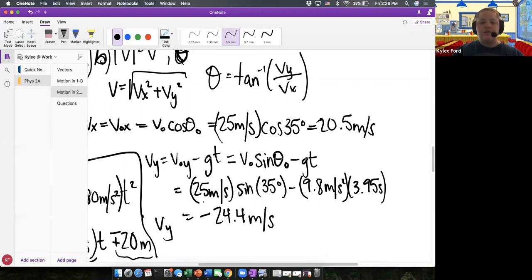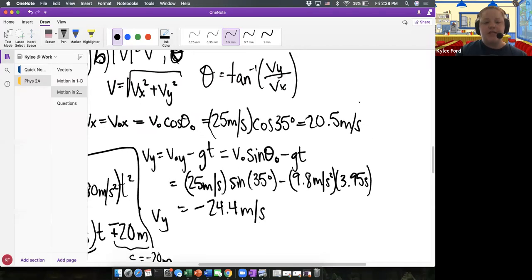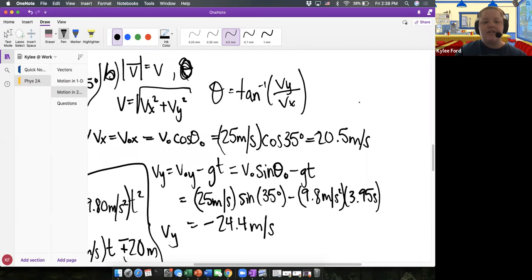Now we have our Vx and our Vy, so we can calculate our velocity magnitude and direction. Let's do that over here.